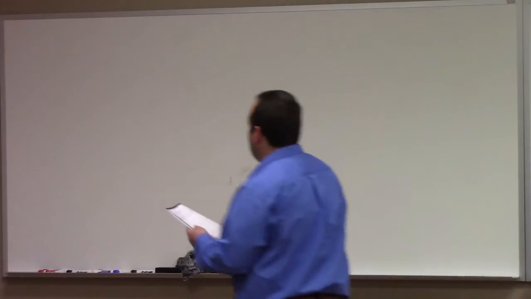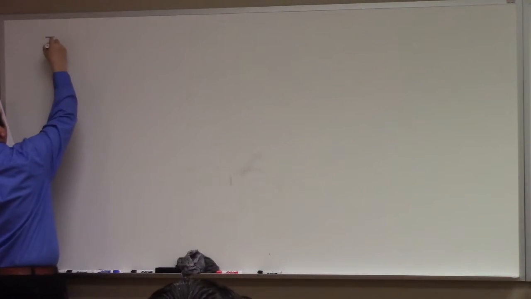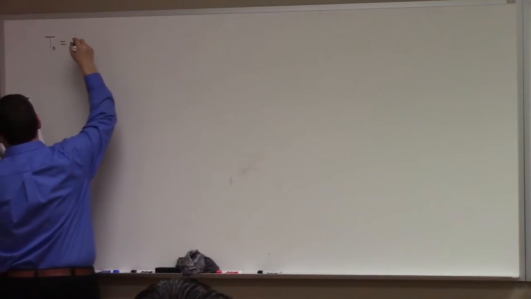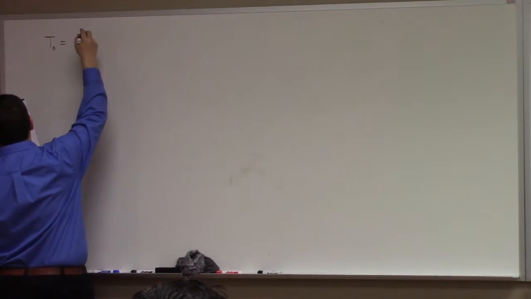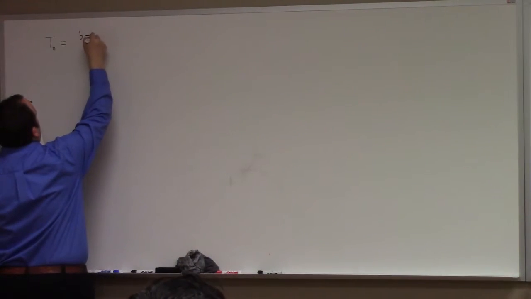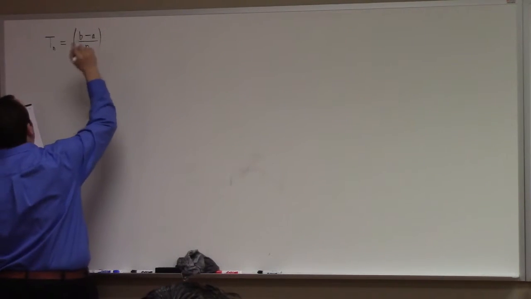And so the rule is, and you can derive this, Tn. In fact, there's also a super sneaky rule for Mn, which is on page 435. But the super sneaky rule here is (b minus a) over n. That's basically delta x, right?